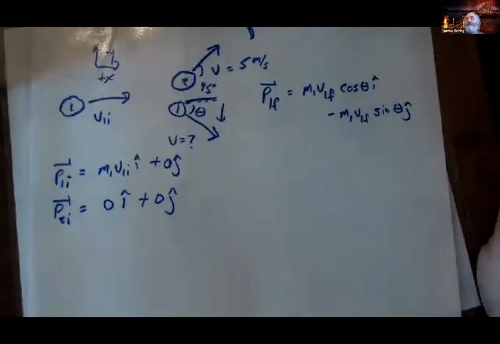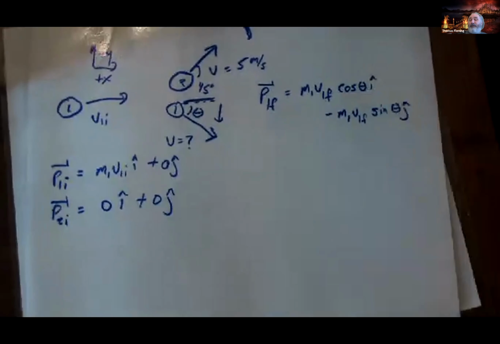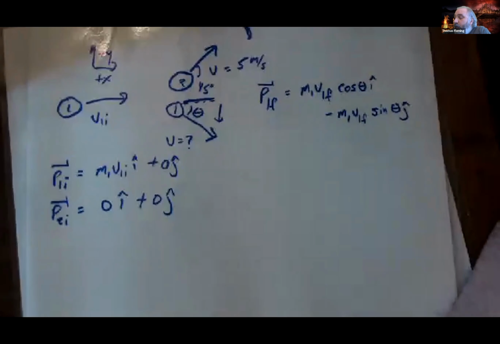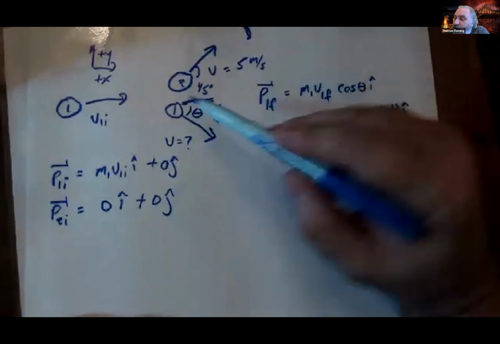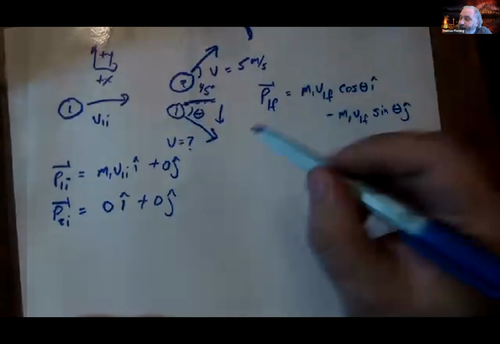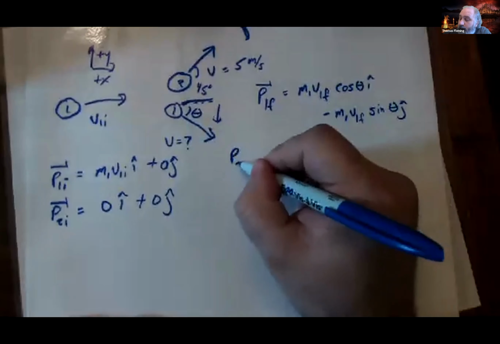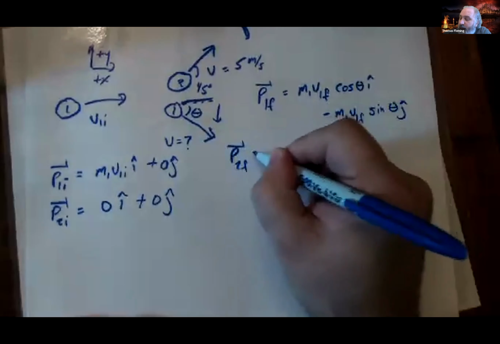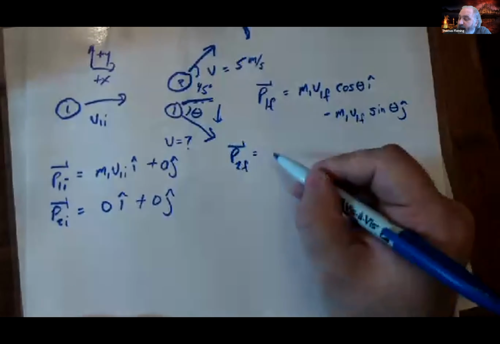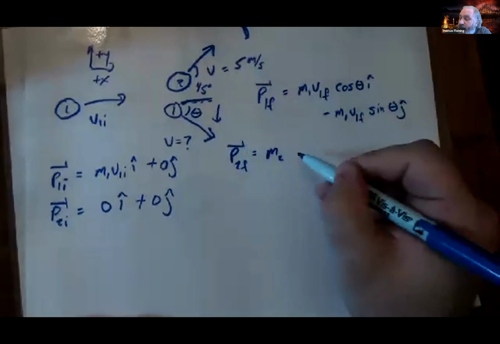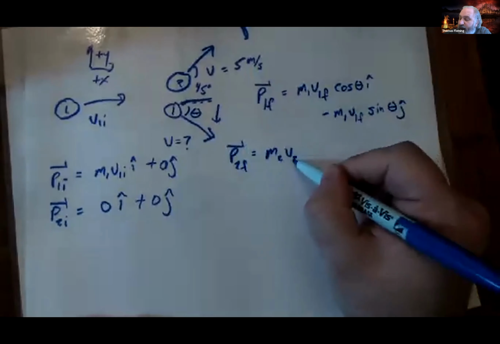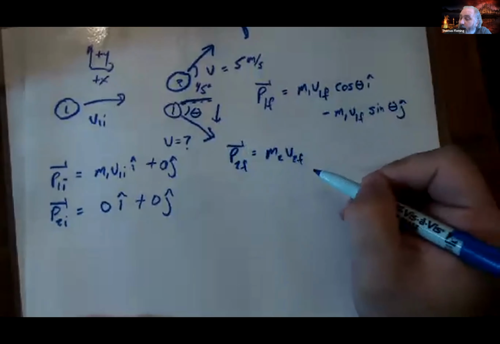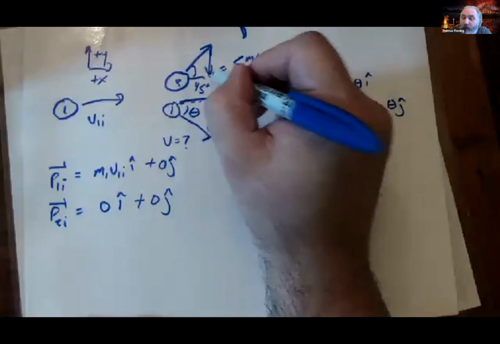And hopefully you're to the point where you can see where this is coming from, because we break down vectors into components a lot, so hopefully you're getting good at it by now. So this is the momentum of the cue ball after the collision. To do the other guy, its momentum is going to be its mass, m2, times V2 final, and again, I can break it into x and y components.